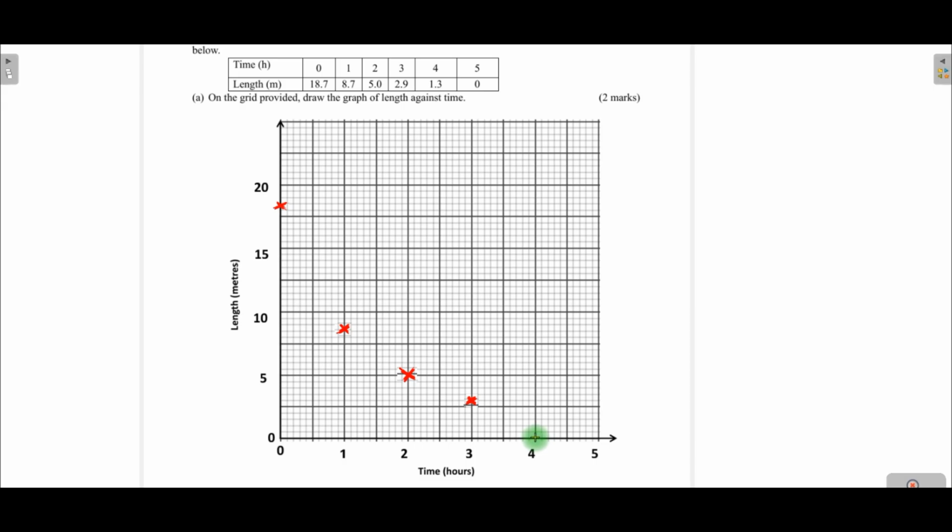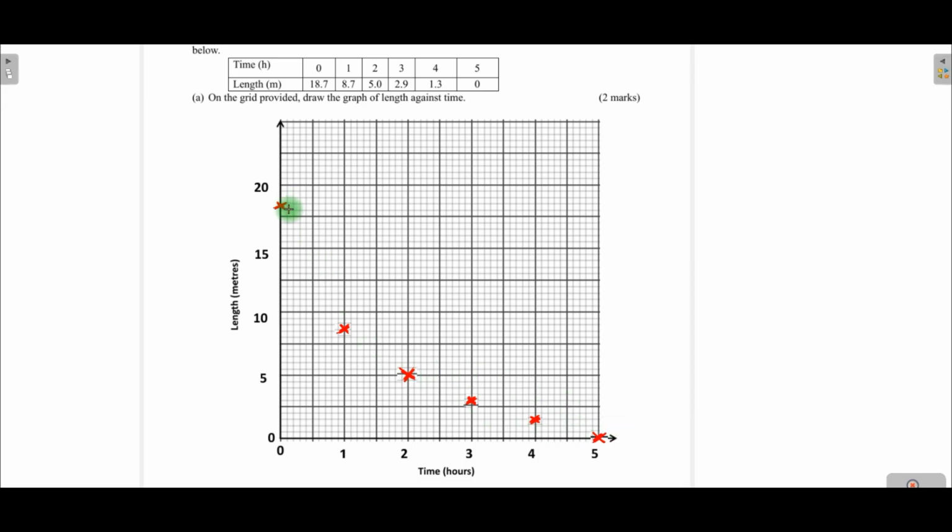So we have 1, 2. So 1.3 is roughly at that point. Then when time is 5, we have length is 0. And therefore we are going to draw a smooth curve.